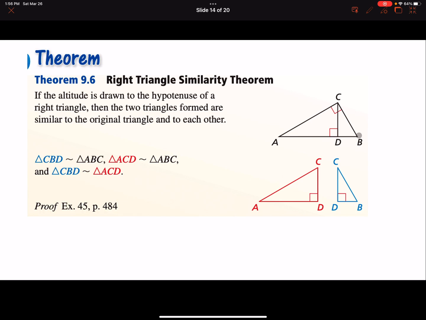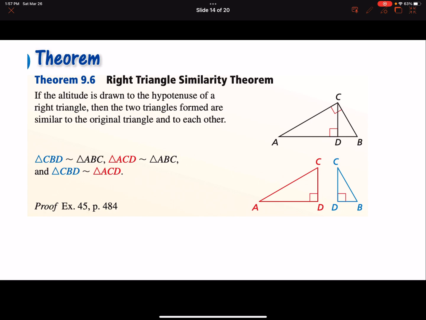If I just had a right triangle ABC, and I decide that I want to bring down an altitude. And remember, an altitude is just a segment that comes from a vertex that creates a 90-degree angle, or is perpendicular to the opposite side, okay? Notice how CD is perpendicular to AB.